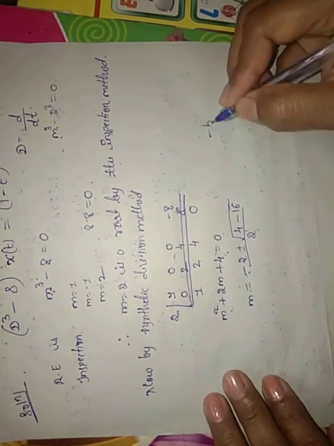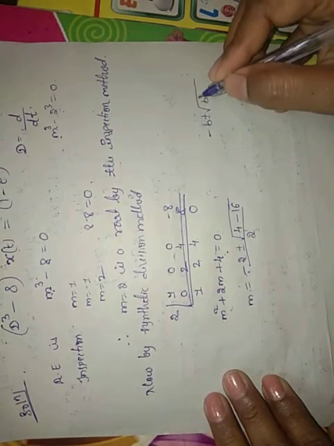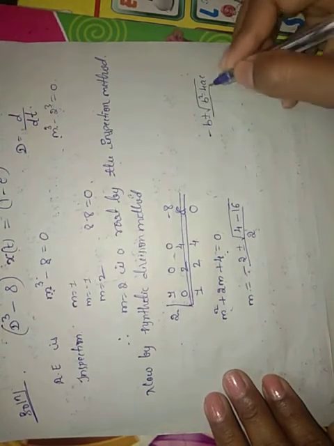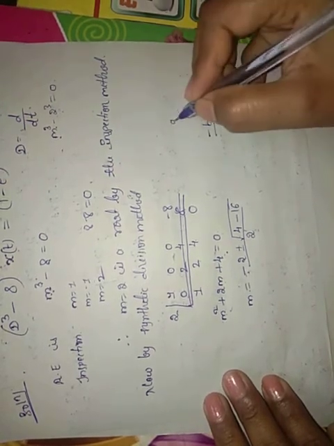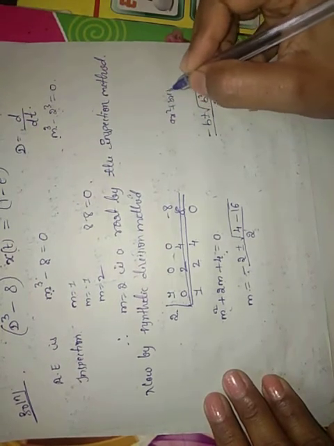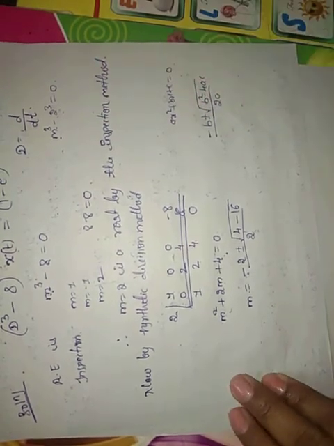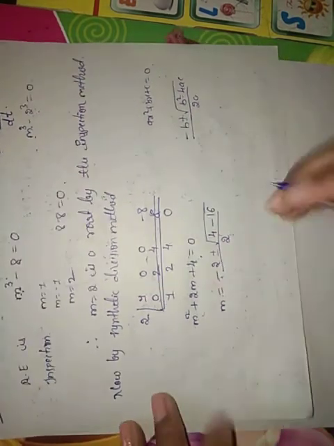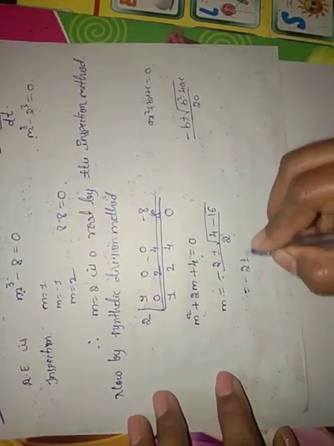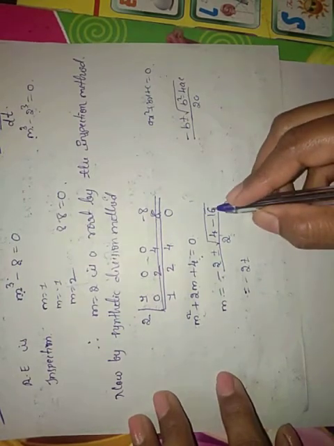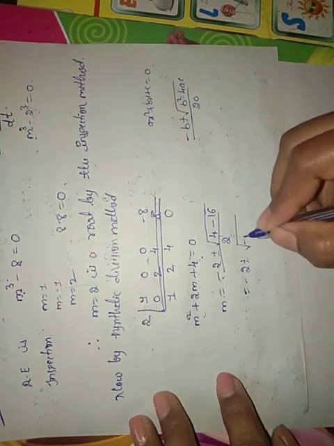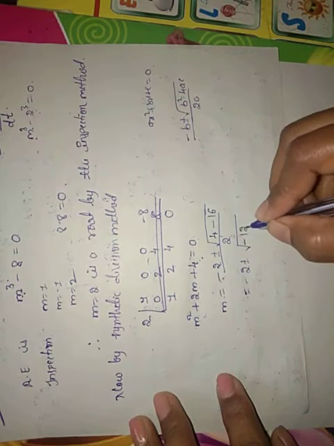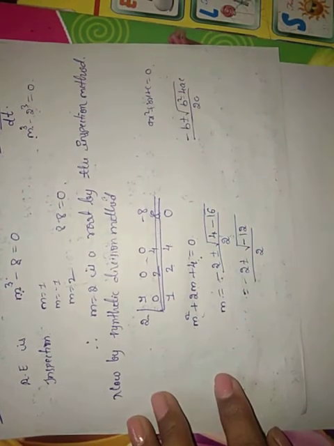That is the formula minus b plus or minus square root of b square minus 4ac by 2a for the equation ax square plus bx plus c equal to 0. So I am applying that formula here. So minus 2 plus or minus square root of 4 minus 16, that is minus 12, divided by 2.